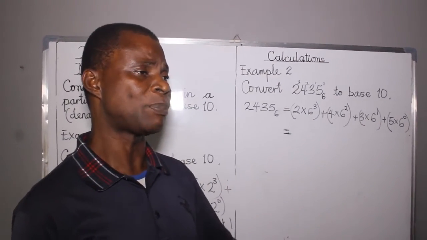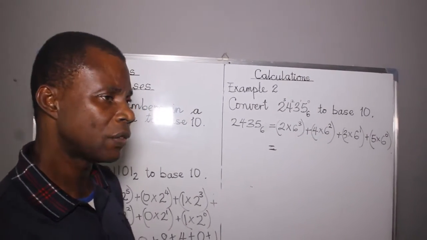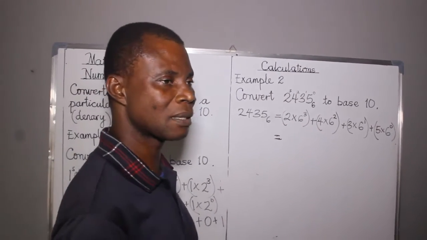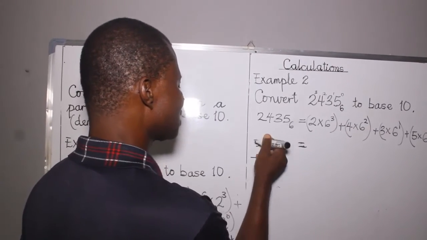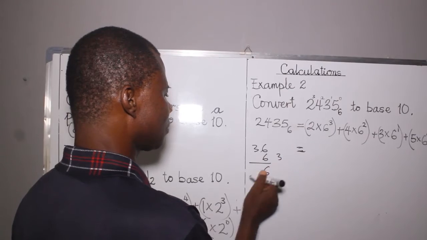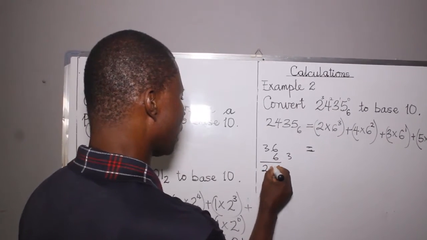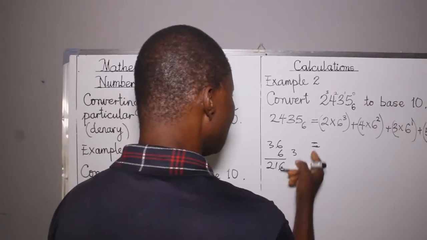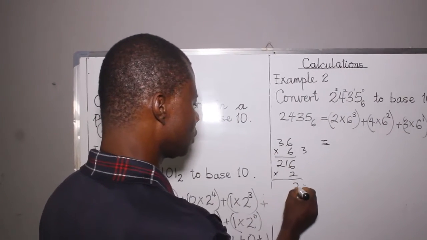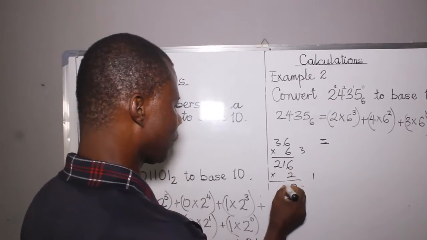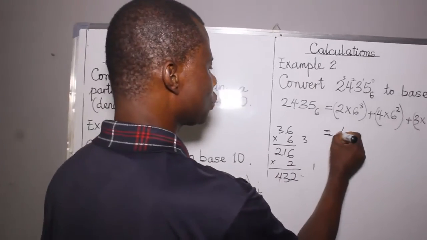The number multiplied is the base number 6, and the power is 3. 6 multiplied by itself 3 times. 6 times 6, 36. Then we have 36 times 6, and that's 216. Then multiply by 2, and that's 432.